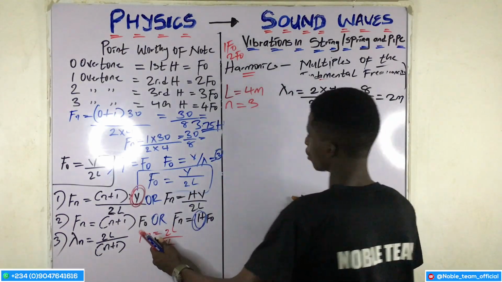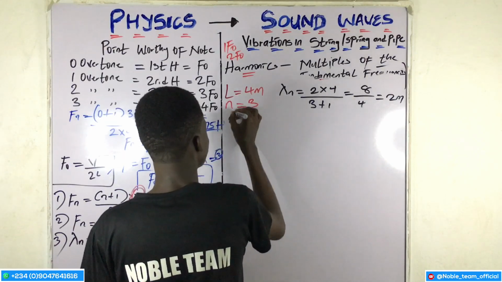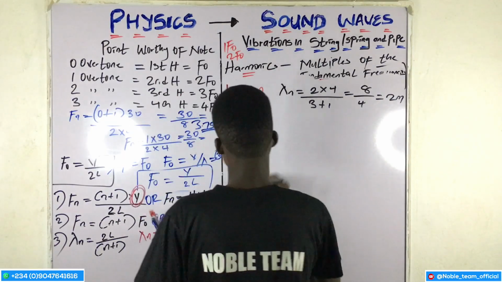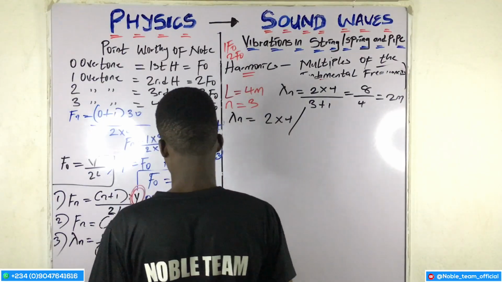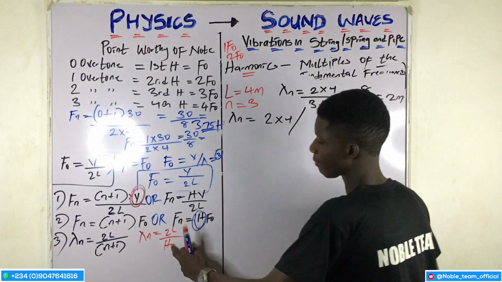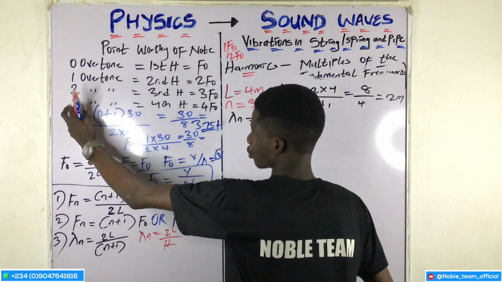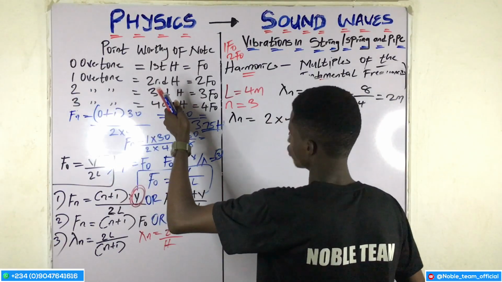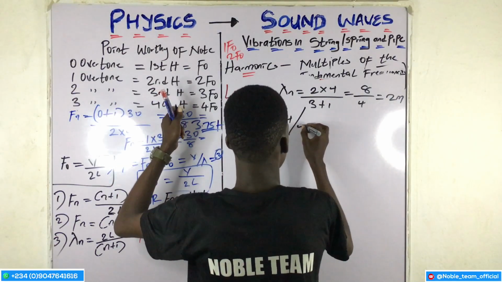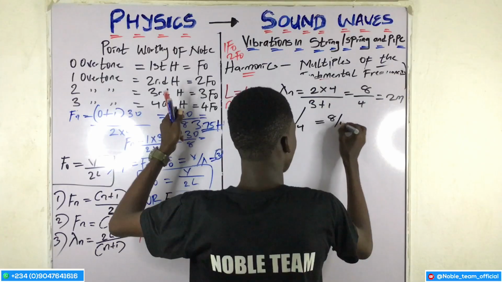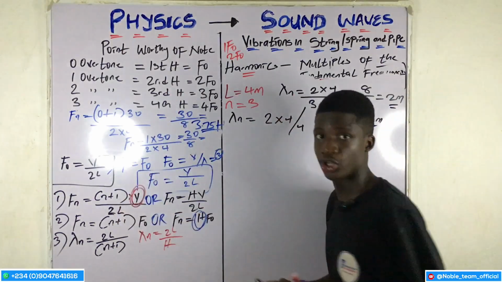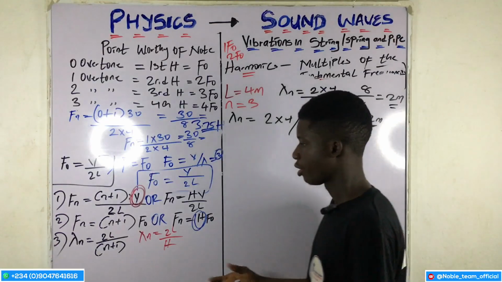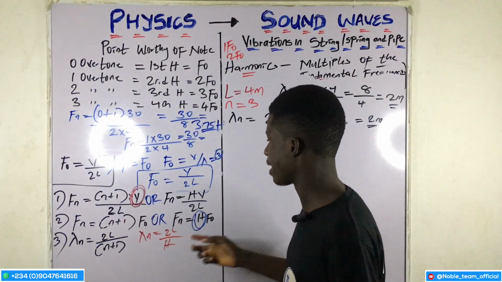Now using this formula also, my wavelength is equal to 2 times 4 divided by my harmonic number, which is 3 plus 1, which is 4. It's like saying 8 over 4, which is equal to 2 meters. Do you understand? Good. So you can see that both of them are the same thing.